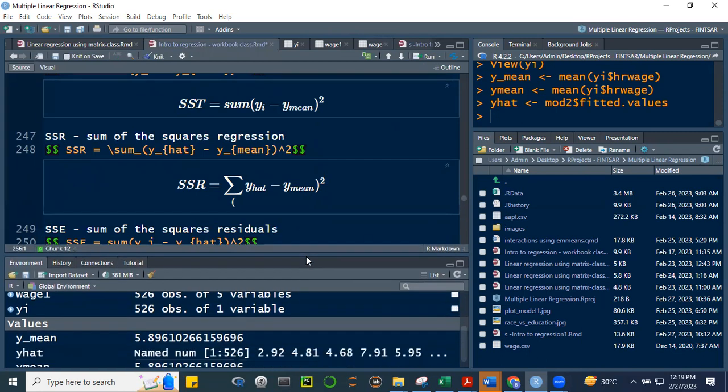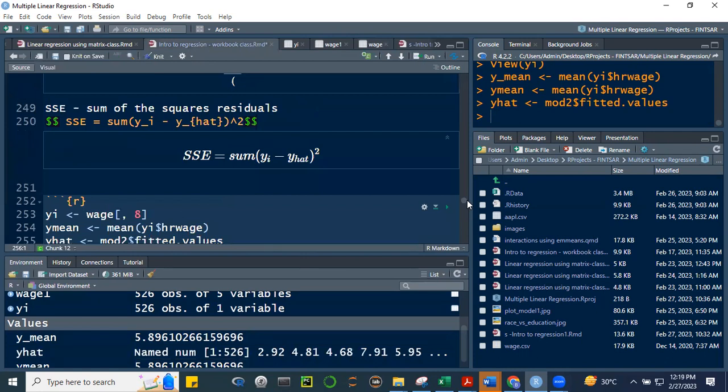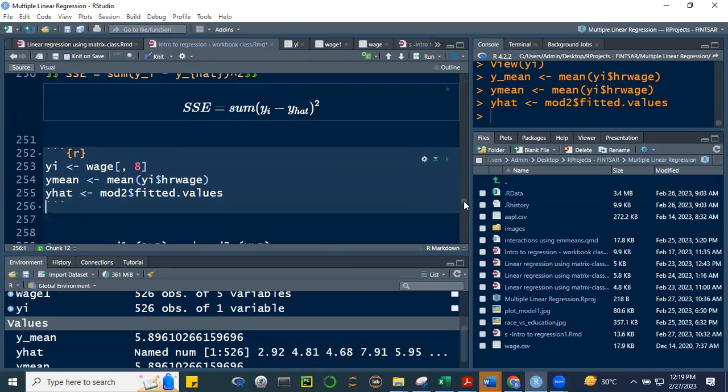In other words, regardless of the condition, regardless of the parameters, regardless of the situation, ang estimate natin is that hourly wage will be 5.896. So it will be the same for any situation. Okay, so yun ang Y mean natin.